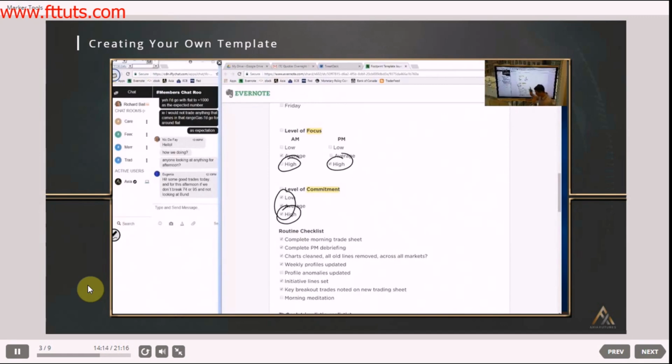Hopefully you're all starting to recognize something straight away, which is that this trader has certain correlations: the more markets he trades, obviously, his P&L will vary. If he's very focused, he'll perform better. If he has a high level of commitment, he'll perform at a high performance. And that is why we do a template, because all of a sudden we've got this big feedback loop, and we're creating all these markers by which we can compare and learn to observe certain patterns about ourselves.